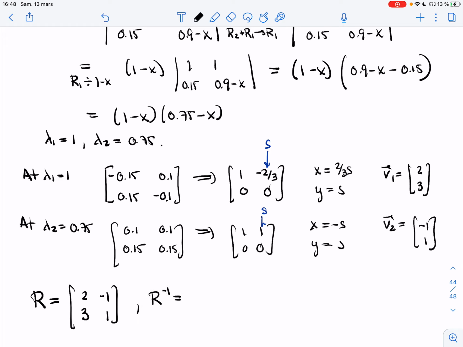So R inverse is 1/5, since 2 plus 3 is 5. Then I switch the diagonal entries, and I put a minus in front of the non-diagonal entries. And then the diagonal matrix will have 1 and 0.75.